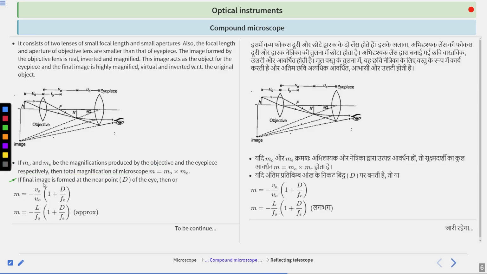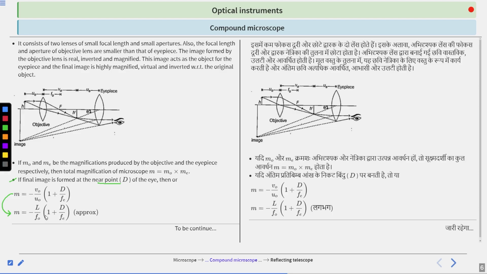If the final image is formed at the near point D of the eye, then the magnification is equal to minus vo divided by uo, times 1 plus D by fe. This is when the image is formed at the near point. Clear? And after modification, M is equal to minus L divided by fo, times 1 plus D by fe, approximately.